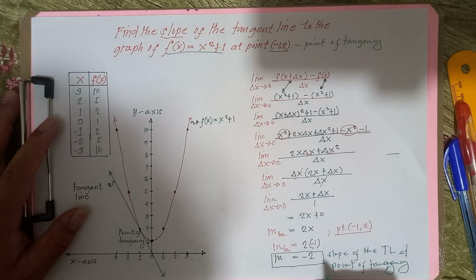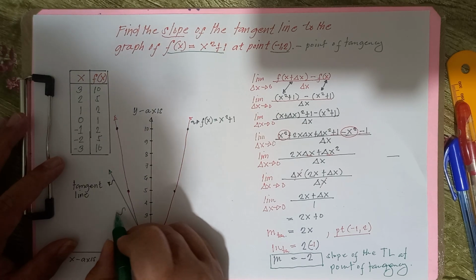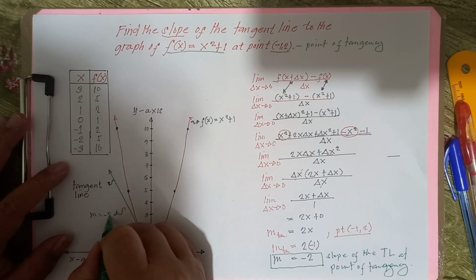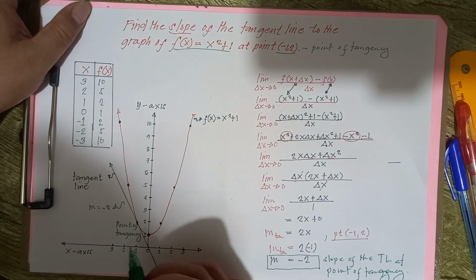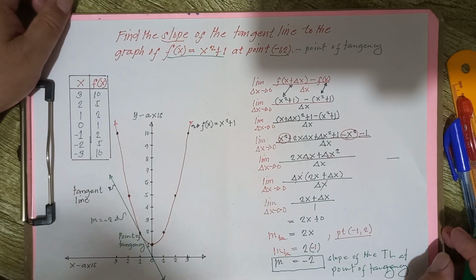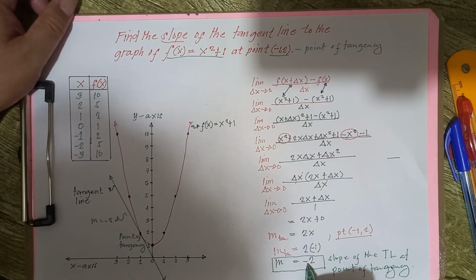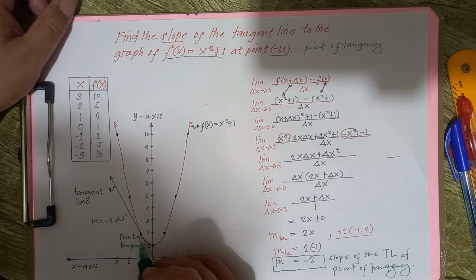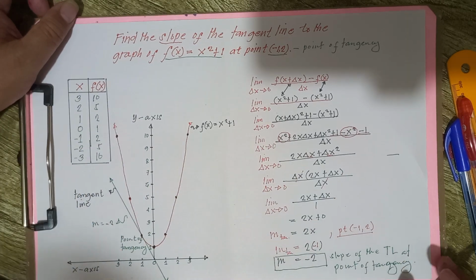Meaning to say, this slope is the slope of this tangent line. So the slope is negative 2. And that negative 2 is also the slope of the curve at a certain point, which is called now the point of tangency. So I repeat, at a certain point that is called the point of tangency. So negative 2 is the slope of the tangent line, at the same time the slope of the curve at the point of tangency. I hope you understand. Thank you.